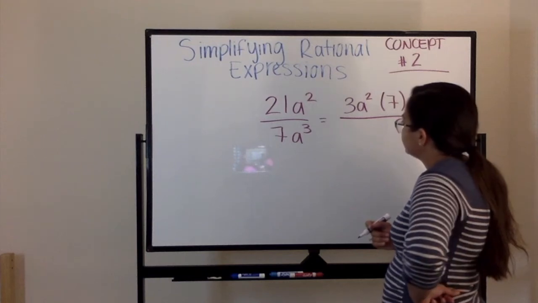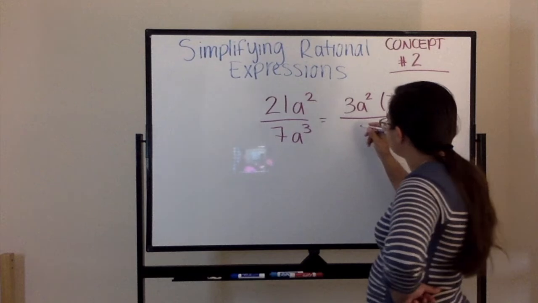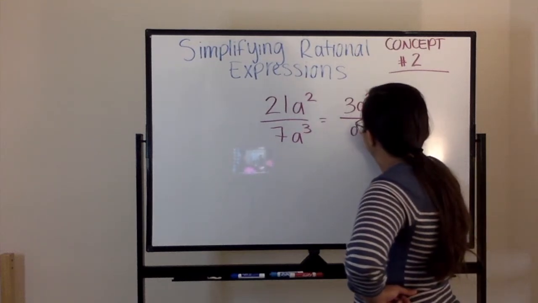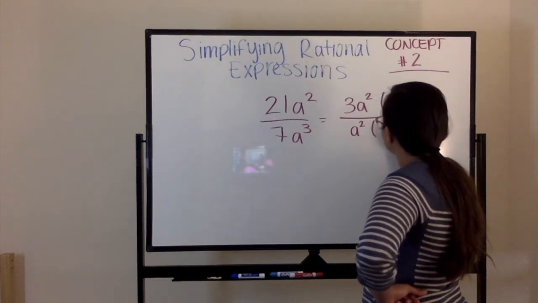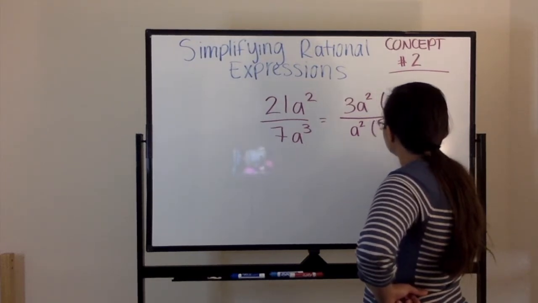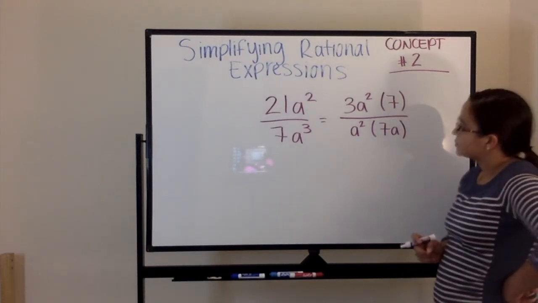Down here, I can factor out an a squared. So I would leave 7a in there. Very well.